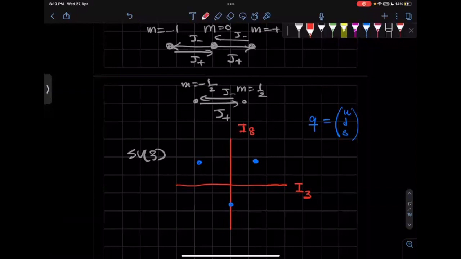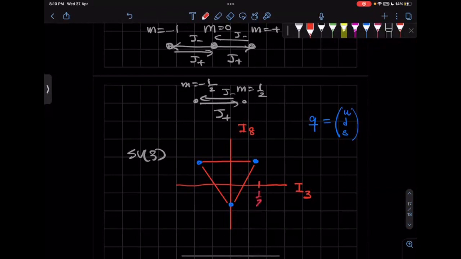Okay, so this is the weight diagram for the fundamental representation. And the values are that this is plus half in some units, this is minus half, this is minus 1 over square root of 3, and this is 1 by 2 square root of 3.